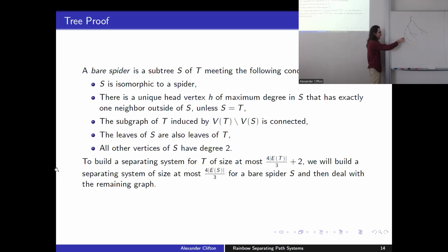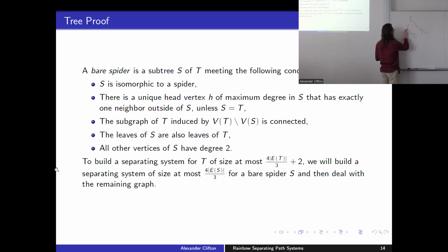We have some head vertex of maximum degree that only has one edge outside of the spider. The remaining graph is connected, so it's still a tree. The leaves are down here, so something like this is a spider, but it's not a bare spider. We need to go all the way.